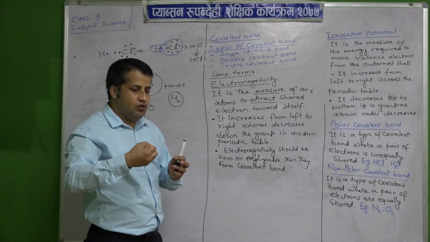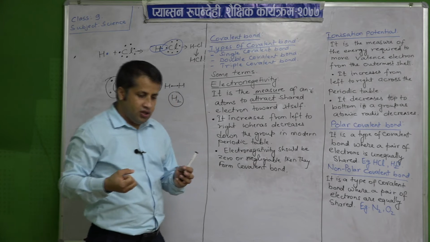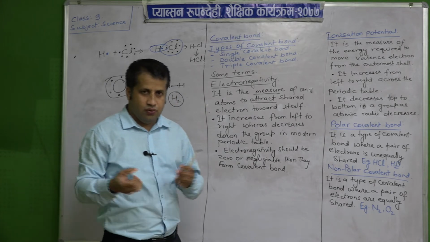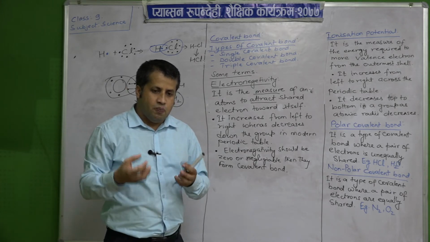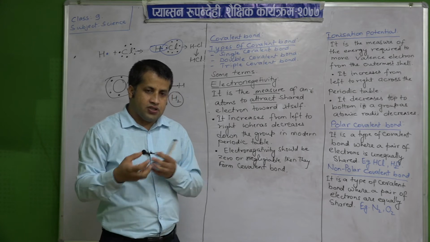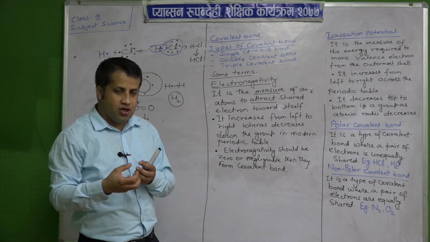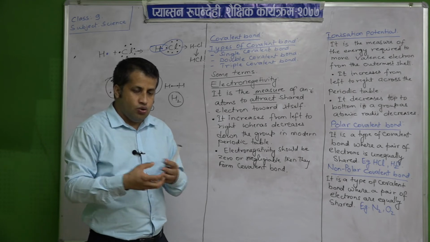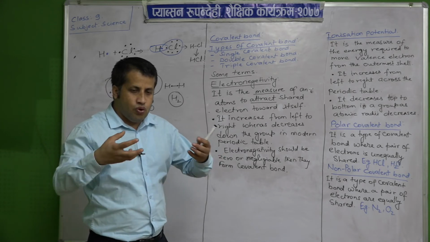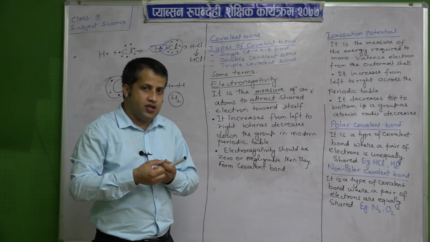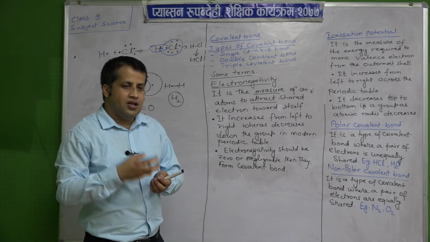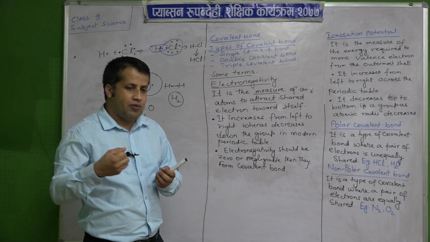Sometimes you may find that you are sharing things with each other, but one of the persons may be stronger than you, and another is weaker, though both of them require help from each other. But sometimes one has more power to attract.